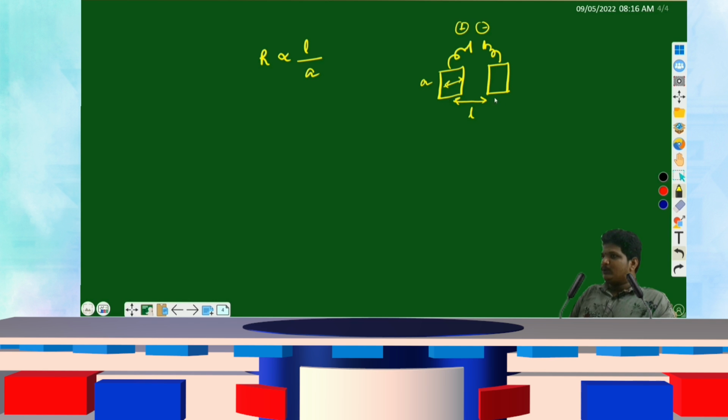So these two electrode plates are separated by the length L, and this is the area of the cross section. Here the resistance is directly proportional to the length and inversely proportional to the area of the cross section, where R is equal to rho into L by A.